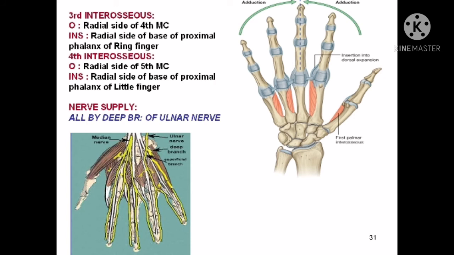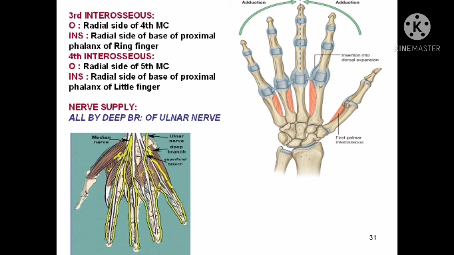The third interosseous arises on the radial side of the fourth metacarpal and inserts on the radial side of the base of the proximal phalanx of the ring finger. The fourth arises from the radial side of the fifth metacarpal and inserts on the same side of the proximal phalanx of the little finger.